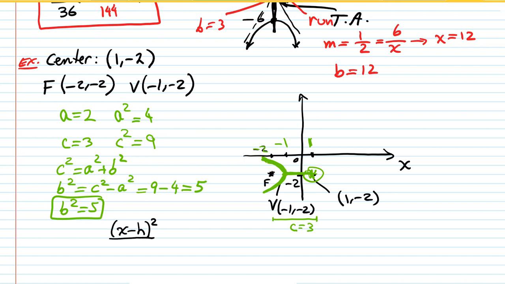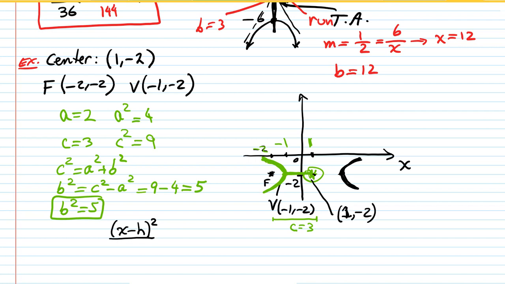The transverse axis is horizontal because the hyperbola opens to the left and right. And the other branch is 3 units over. From 1 you go to 4. This is the other branch, right? And not to confuse, this center is at (1, -2).